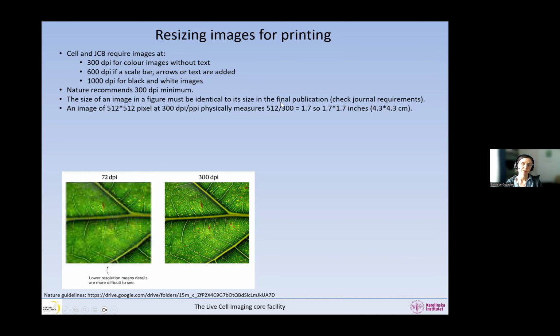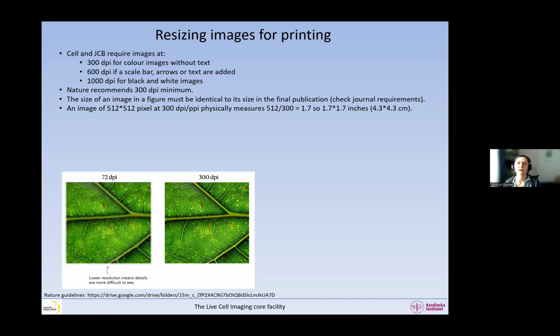So this is 1.7 inches, 1.7 in X and 1.7 in Y. Because 1 inch is 2.54 centimeters, 1.7 inches is 4.3 centimeters. So you can imagine, it's quite a small picture. This is what it will look like when it's published on the paper. You can measure it.